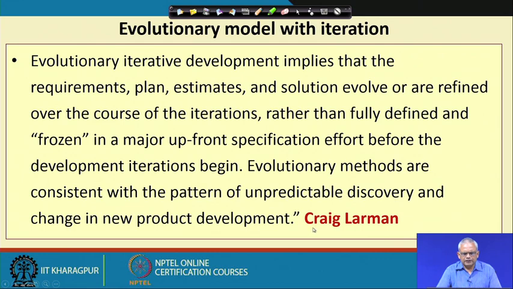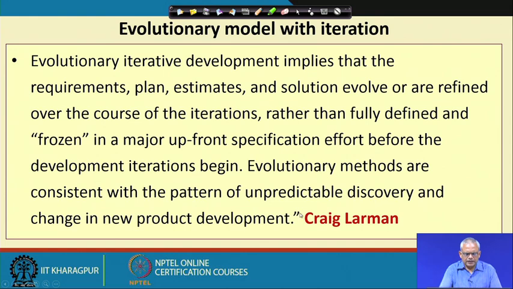Craig Larman, another celebrated personality in this area, let us see what he says. Evolutionary iterative development implies that the requirements, plan, estimate and solution evolve or are refined over the course of the iterations, rather than fully defined and frozen in a major upfront specification effort before the development iterations begin.